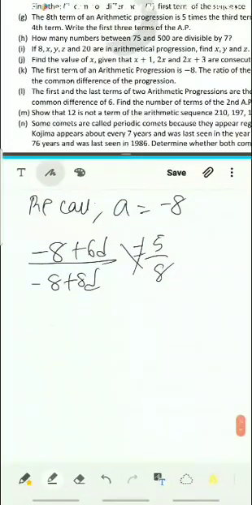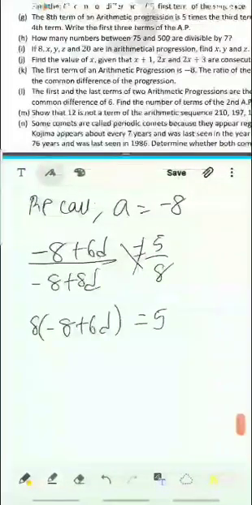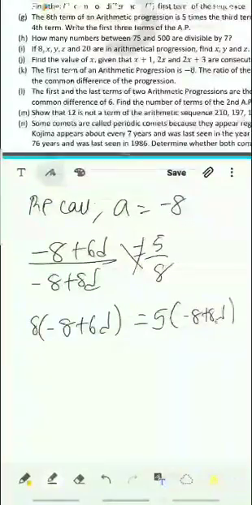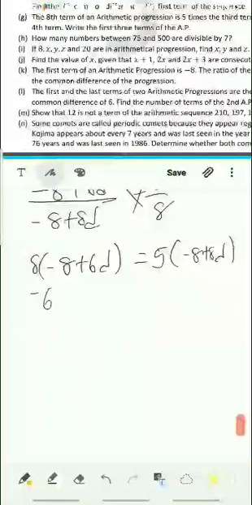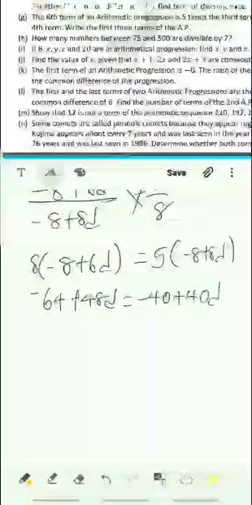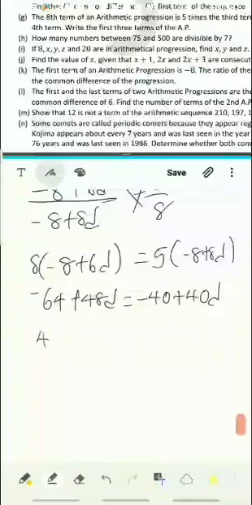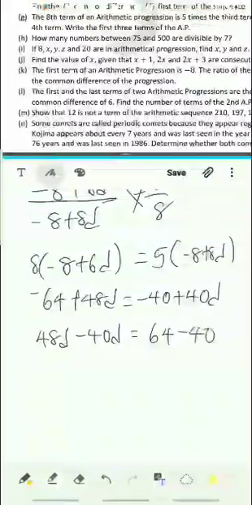So you cross multiply, you have 8 open bracket negative 8 plus 6D equals 5 open bracket negative 8 plus 8D. So this gives you negative 64 plus 48d equals negative 40 plus 40d. 48d minus 40d equals 64 minus 40.